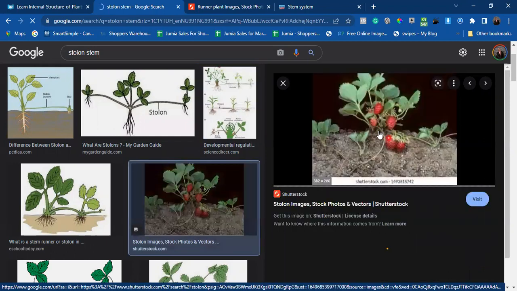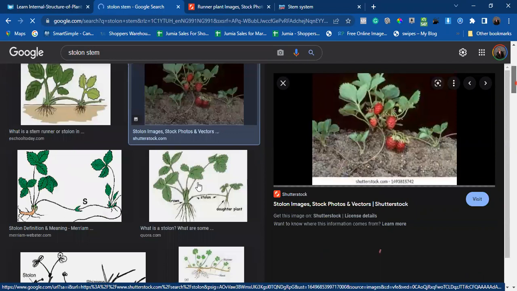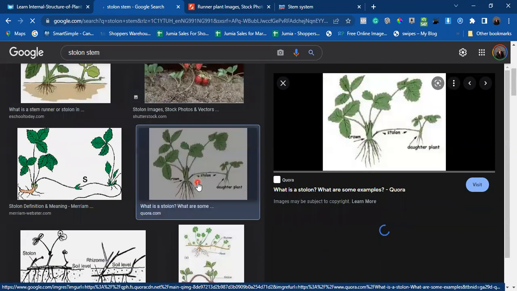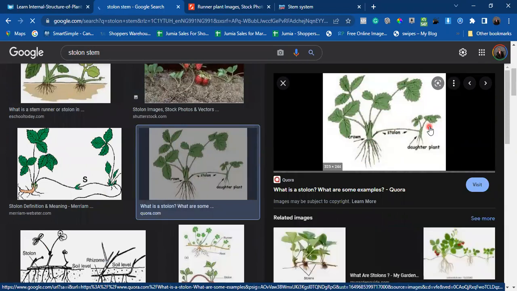This is a strawberry. They grow from the lower part, unlike the runners that just extend and grow on the surface of the soil. Stolon grow from the lower part.